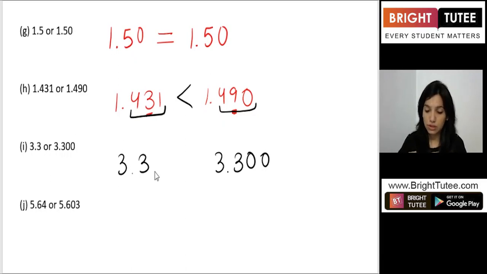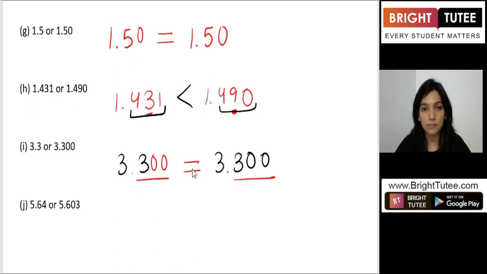As we discussed, if we want, we can make them like decimals by putting the same number of zeros for both, so that both numbers have the same number of digits after the decimal. So we have placed two zeros after the 3 in the first number. Now clearly the two numbers are equal.